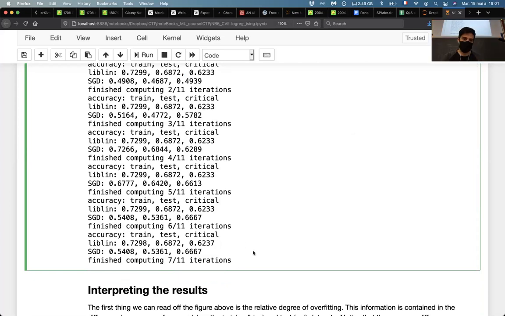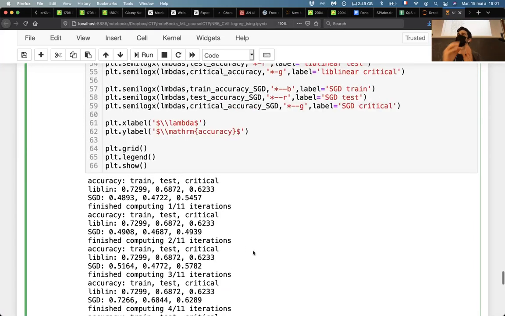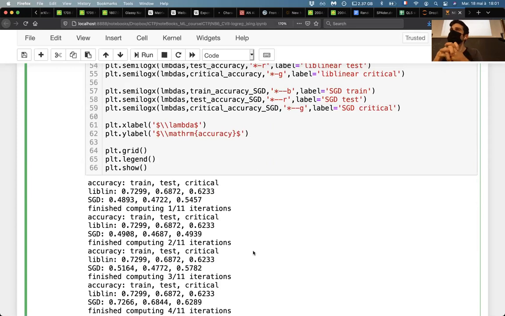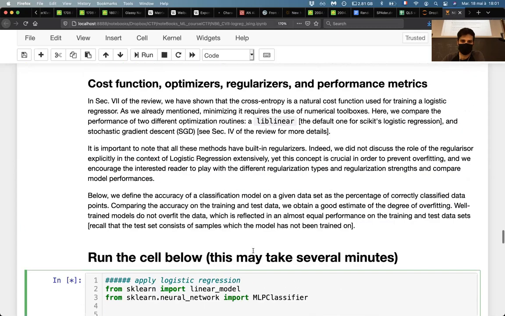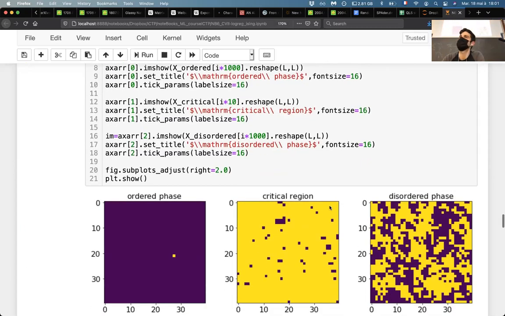we're almost done. I'm sorry. No, so it's just that. There are these samples here, the ones that are critical, that are near the phase transition, that are hard to classify. So I'm not using them for the training. I'm using only states that are well defined in the sense that they are clearly ordered or clearly disordered. Okay.